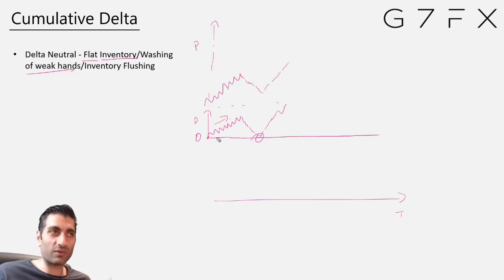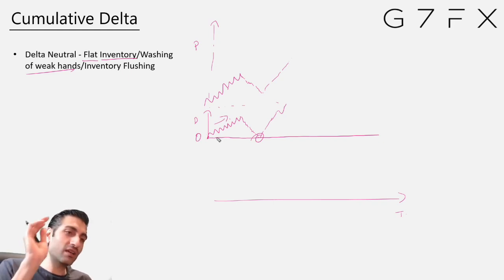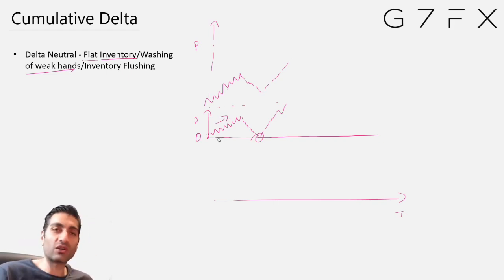We know this. What is delta? In an up move, it's just long market orders. Obviously, the market has accumulated so many long positions. What's the inventory? Long. There's no one left to buy this thing. And the market does this all the time.